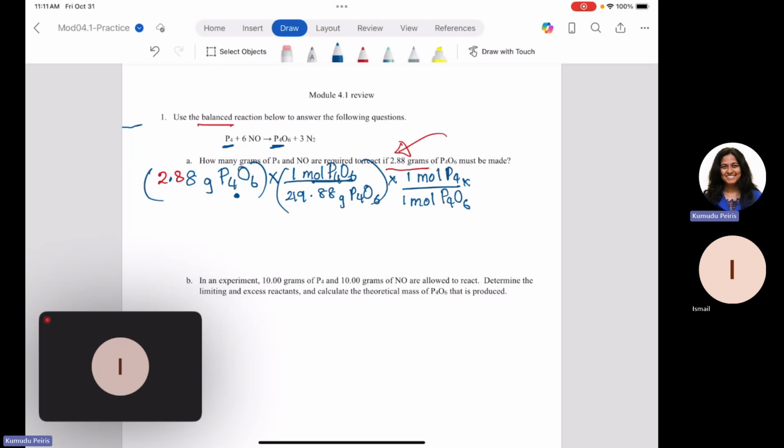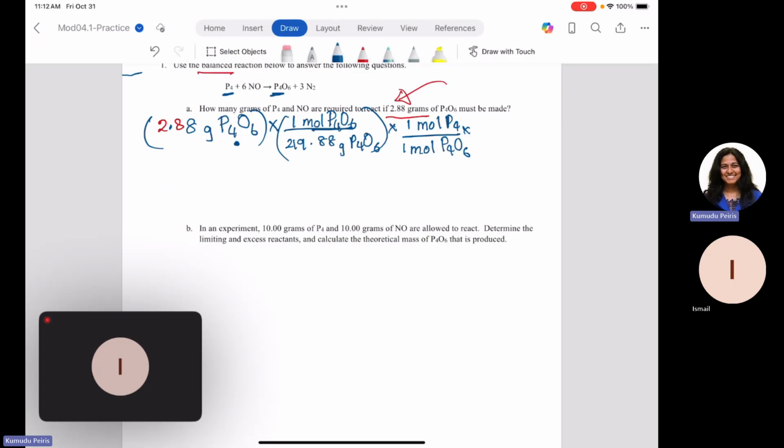Then I change the grams of P4O6 into moles of P4O6 because we always relate the stoichiometric ratio using the moles of these substances. We cannot use the proportions of the grams. The quantities must be converted into moles. Then I take the stoichiometric ratio between P4 and P4O6. It is 1 to 1 according to the balanced chemical equation.